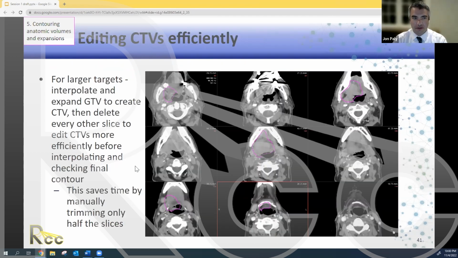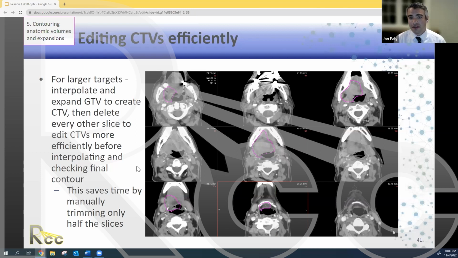So having gone through all of that and how to generate these CTVs, I wanted to discuss a little bit about how to edit CTVs efficiently, because you could certainly spend all night individually contouring CTV slices on a scan, but there are some ways to make it more efficient.